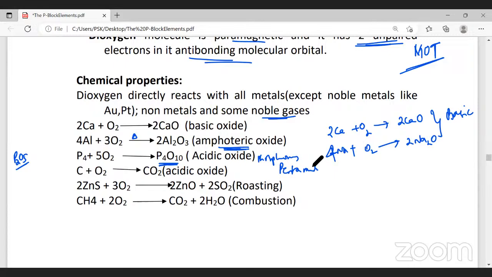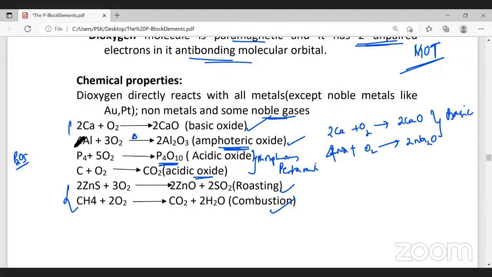We know what roasting and combustion are. Burning sulfide ore in the presence of oxygen is roasting, and burning a hydrocarbon with oxygen is called combustion. So directly, oxygen can react to form basic oxides, amphoteric oxides, as well as acidic oxides. This is with respect to metals and non-metals.